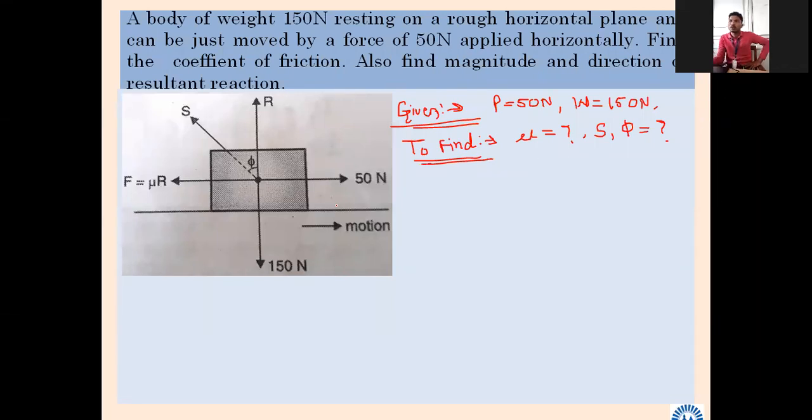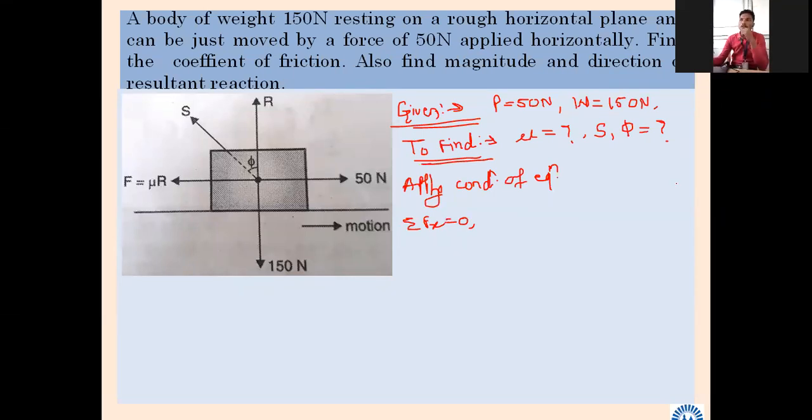If you are not in a position to go further, simply apply the conditions of equilibrium. Summation Fx equal to 0. Directly we should go for conditions of equilibrium.